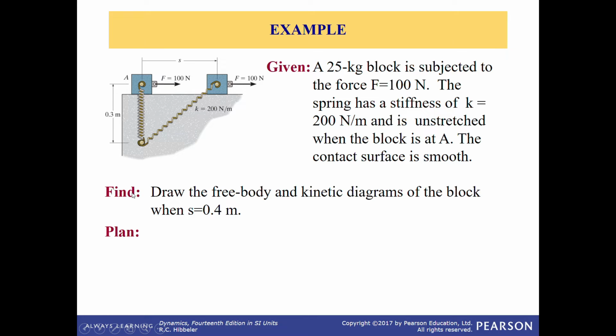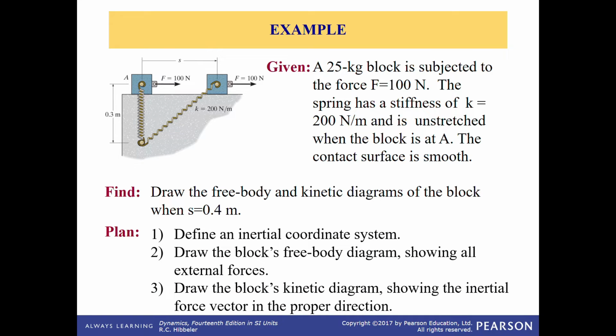You need to draw the free body and kinetic diagrams of the block when S equals 0.4 meter. So if we put S equal to 0.4, you need to draw the free body diagram and the kinetic diagram of this block at that position.